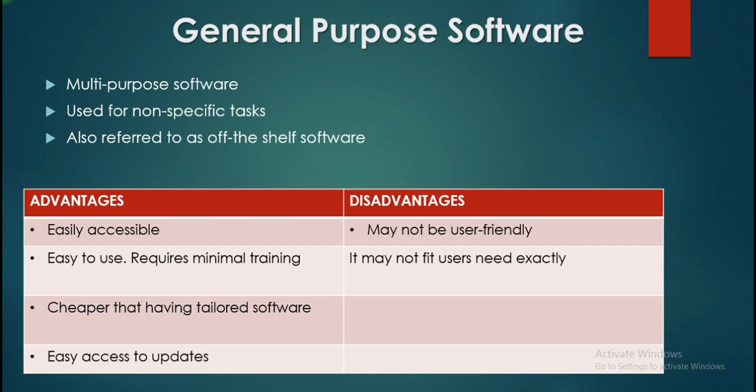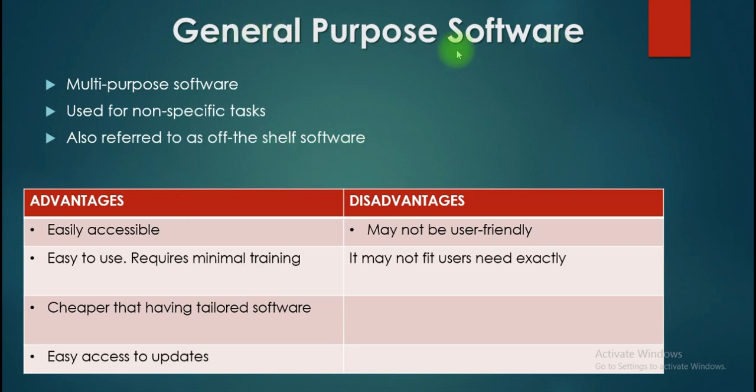But this is really coming from back in the days, when computer stores were more prevalent, and you'd be able to just walk into a store, grab it, and of course pay for it, take it home, install it on your device, and you'd be able to just use it right away, just like that. It would need no specific adjustment or tailoring to one specific need. Alright, so that's general purpose software.